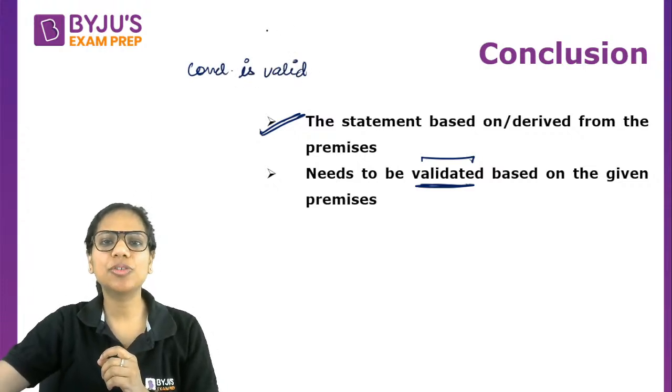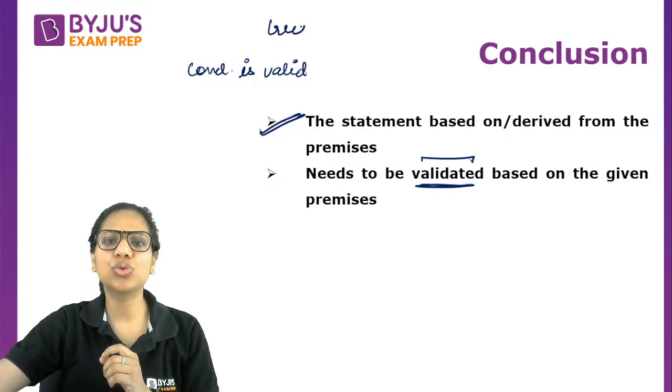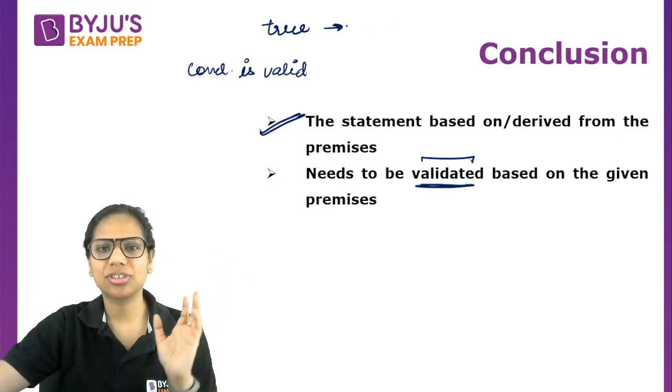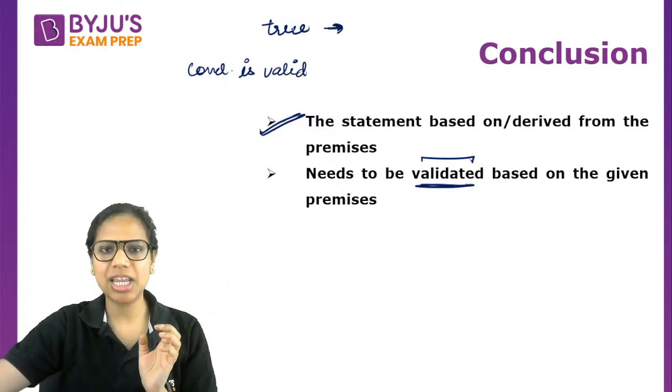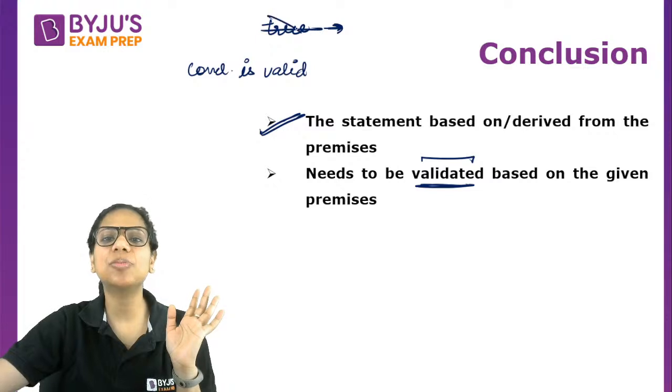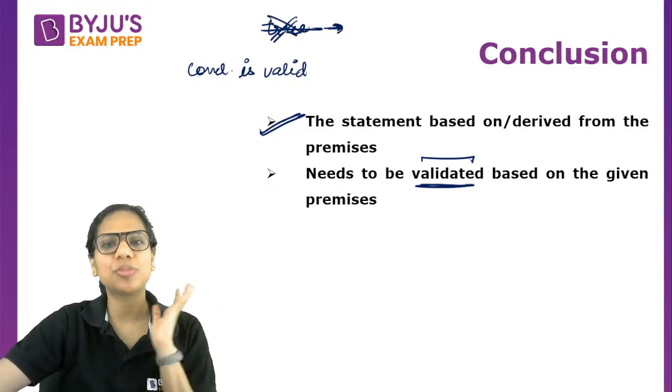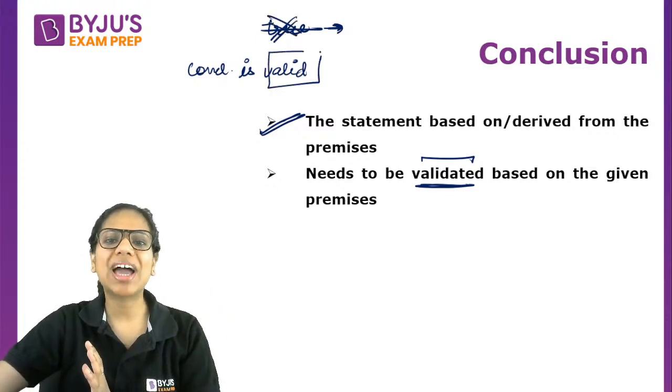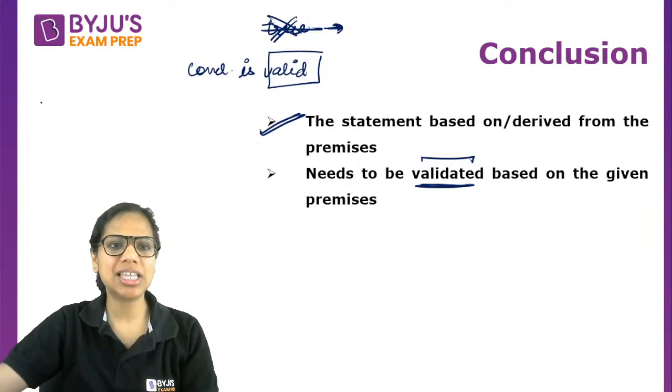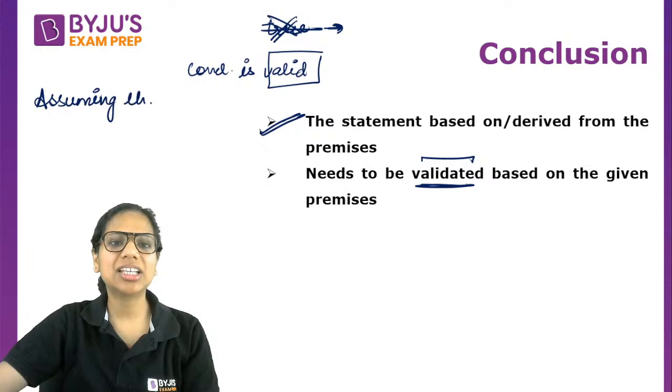See, there is a difference between truth and validity. When you say true, basically you check it with your real life. You check it with your surroundings. That's why I said that we don't need the premises to be true. What does valid mean here? Valid means that assuming that the given premises are true, we have to assume that.